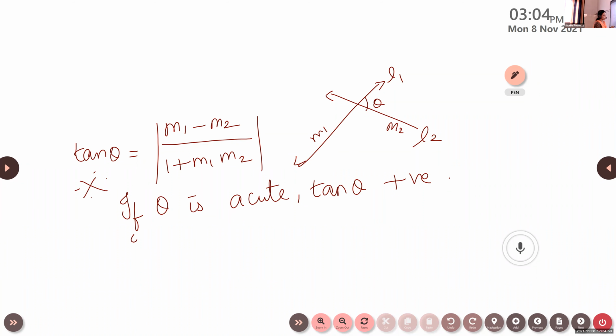If theta is obtuse, then tan theta will be negative. So now based on this, let's do a few questions.